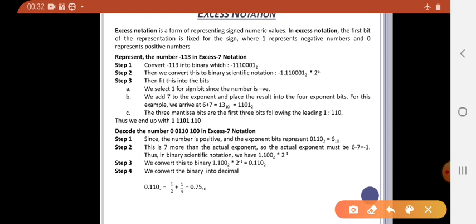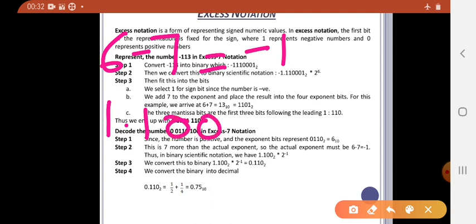See, when you subtracted 7 from 6, you got the number minus 1. Here the digits are 110. So 1.100 into 2 to the power minus 1.